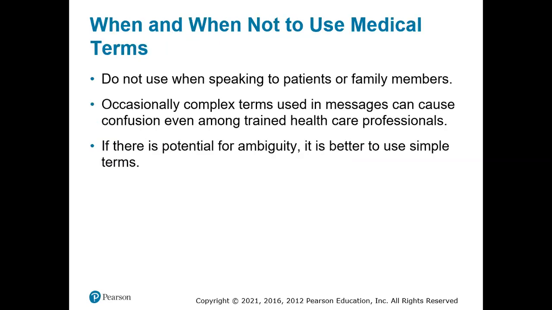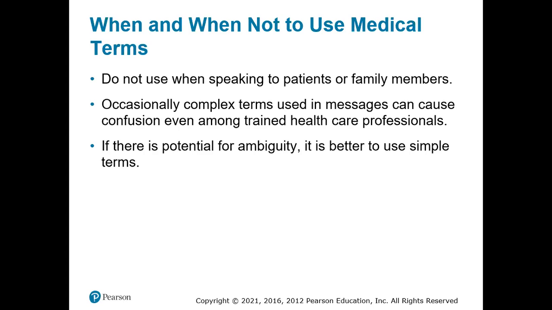So when and when not to use it. When we're talking to patients or family members, try not to be getting too technical. Not everyone is versed in medical terminology, so we might need to translate into something that's easily understood for our patients and their families. So complex terms, unless you're sure of what you're saying, can cause confusion even amongst our fellow healthcare professionals.